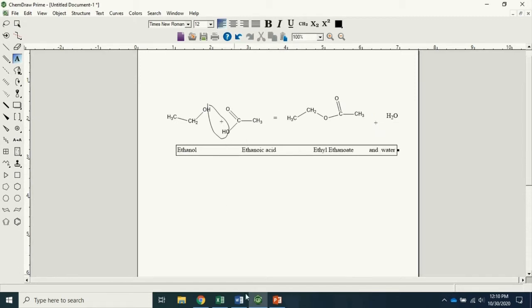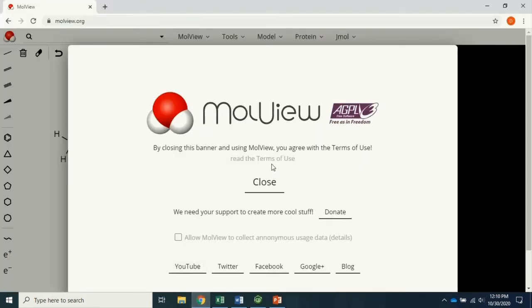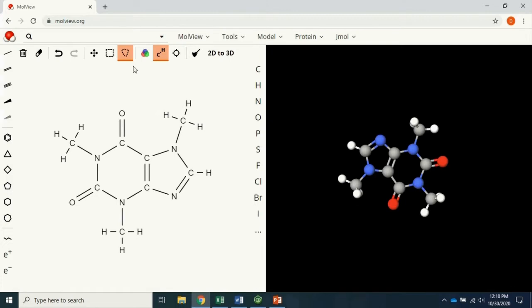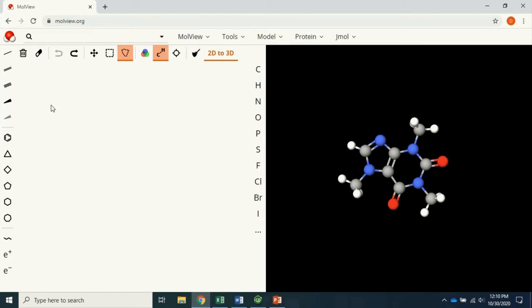Let us go into another substance, and for that we're going to use MolView. So I'm going to close this. I'm going to change this default structure, and if you're going to use, for example, ethanol, it's got 2 carbons, so I'm going to put 2 carbons, and if you click on this it will give you the primary structure of two carbons, which will become an ethane.